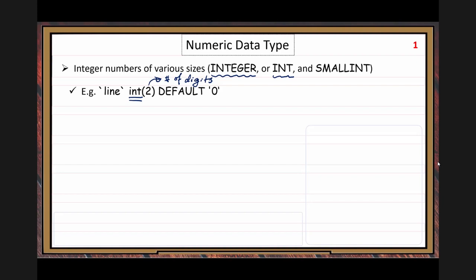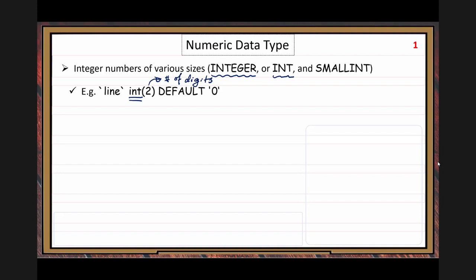But sometimes you don't need that many digits, so you don't want to waste storage space, so you will use a smaller number of digits. Default 0. If the value is not provided, we take 0 as its default value.